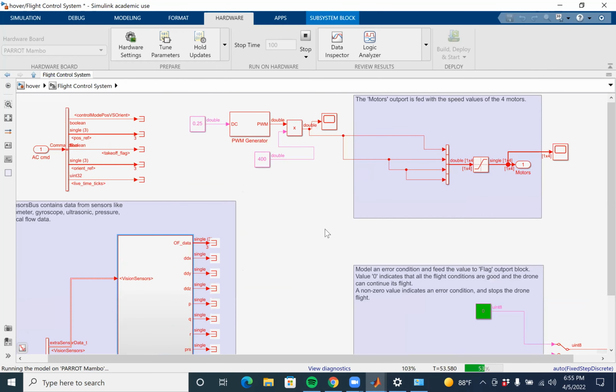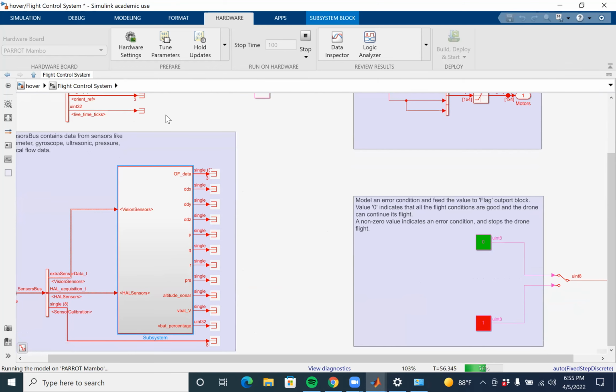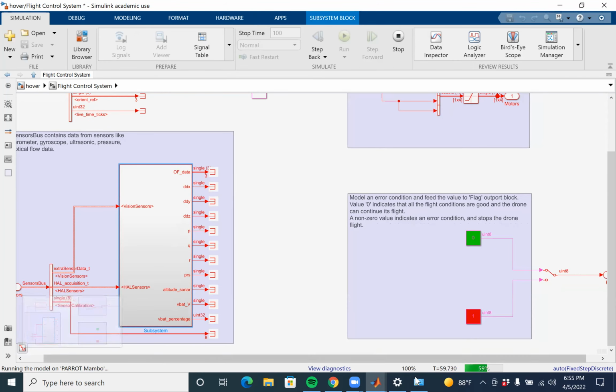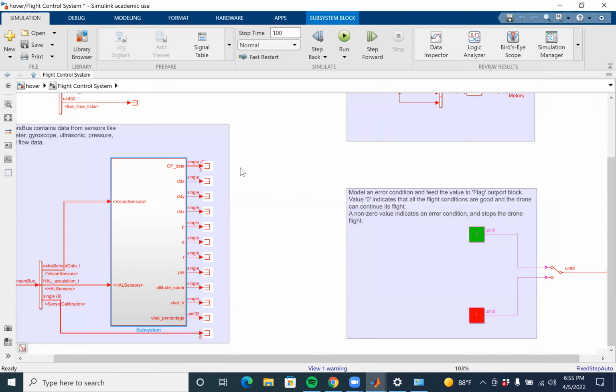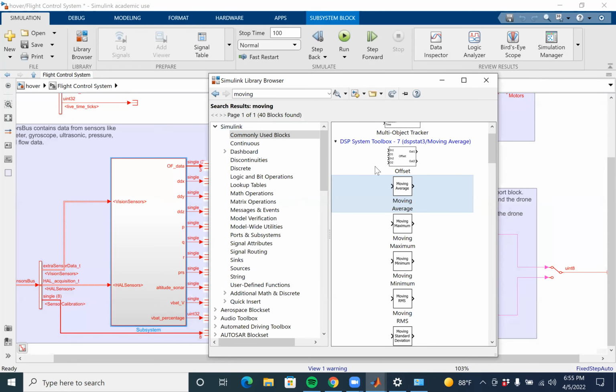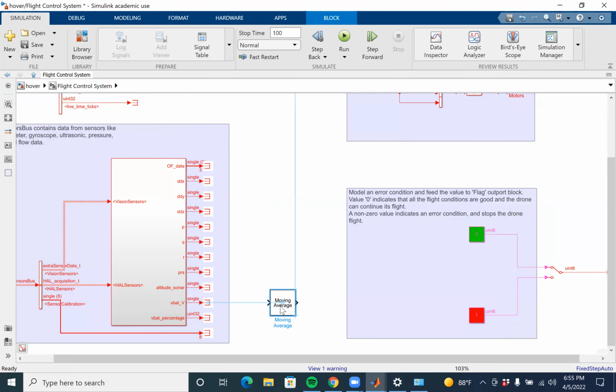So what I'm going to do is go here, go to simulation. Why did it stop? Stop. Okay. Go to library browser, moving average, grab moving average here, get this from the multitude sonar, take this out from here, remove this.